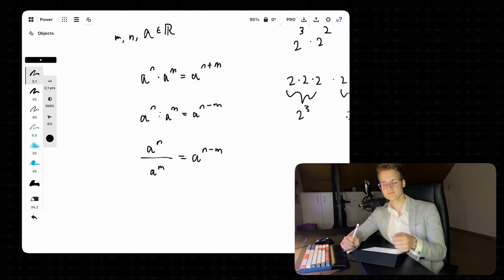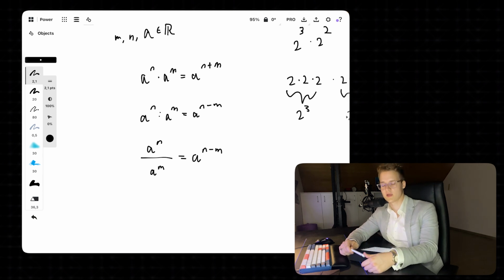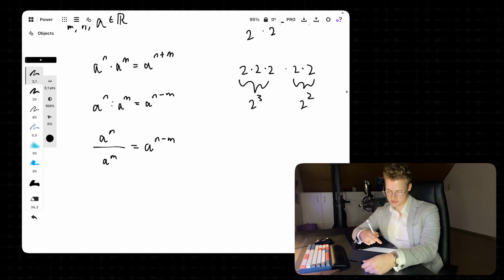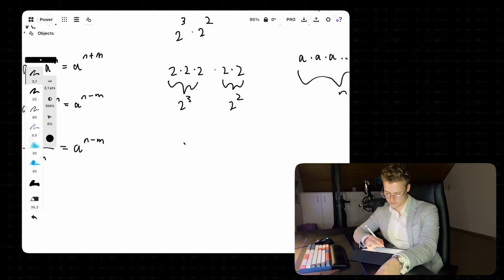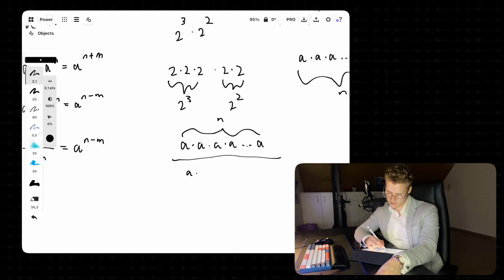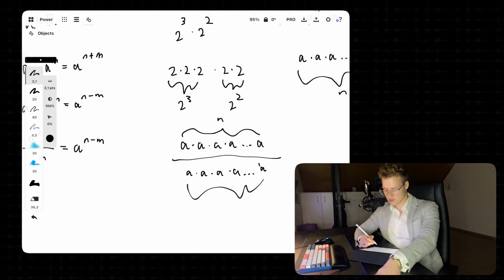Now, there's a special case here, and also the logic behind it. If you imagine you have a times a times a times a, etc., n times, and then you have a times a times a times a, etc., m times. Well, they're going to cross out, or reduce.